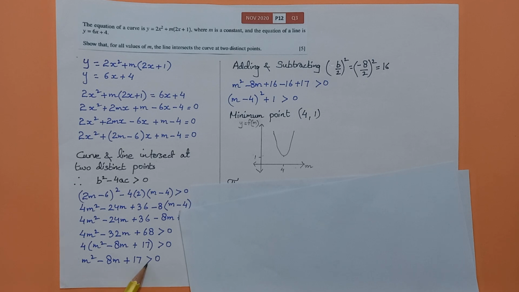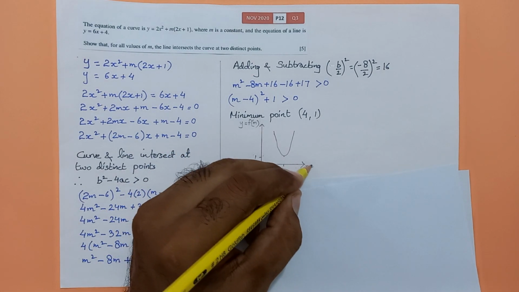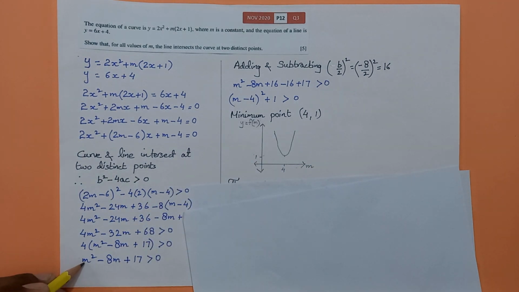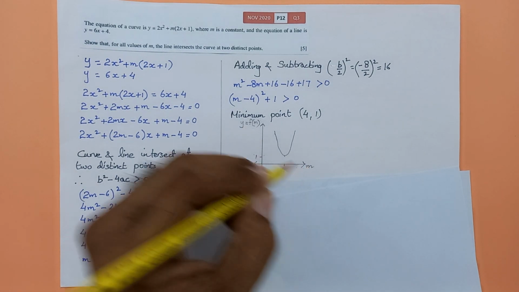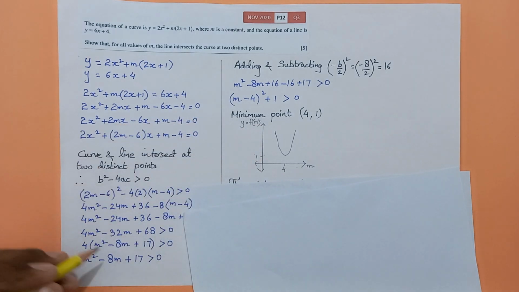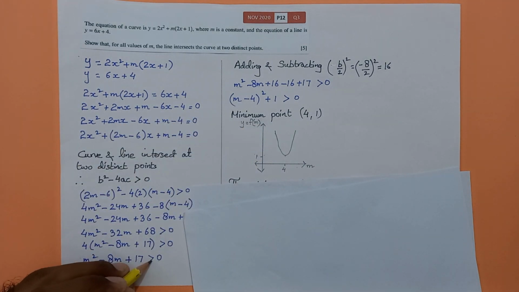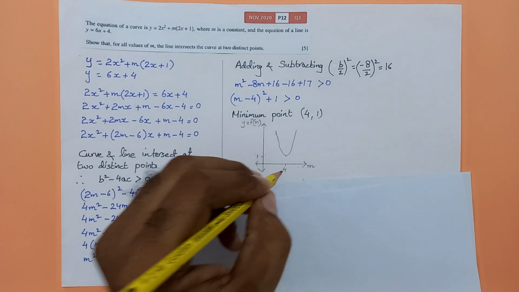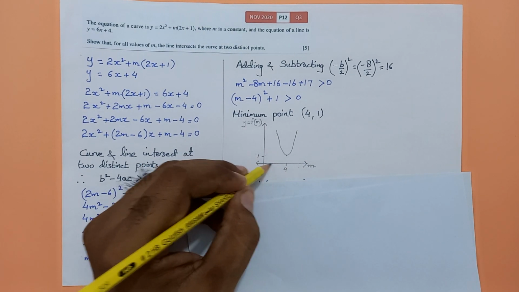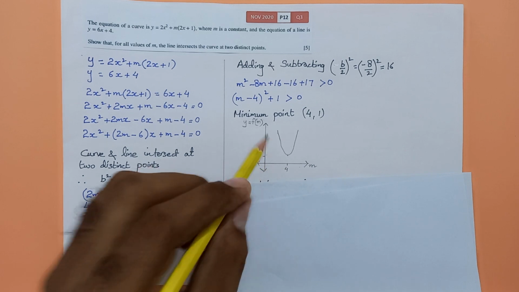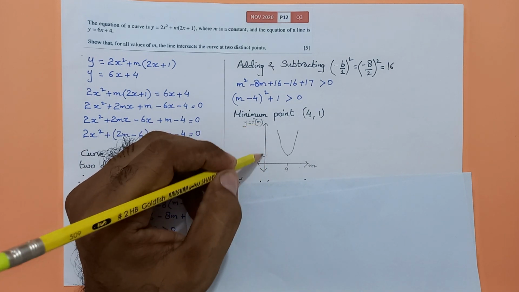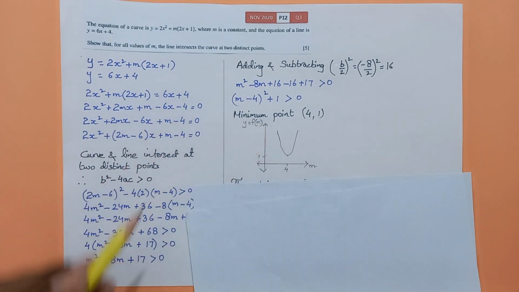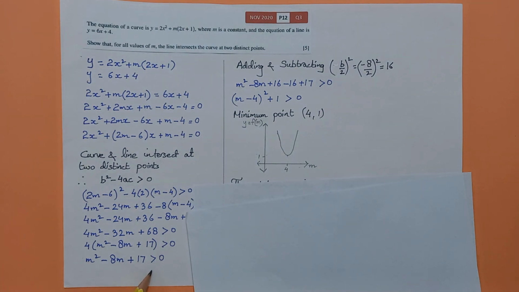The inequality says that it is greater than 0, which means positive. Over here x is represented by m, and we have y over here. From the graph, you could easily see that if you take any value of m, the y will always be positive and always greater than 0 according to the given inequality.